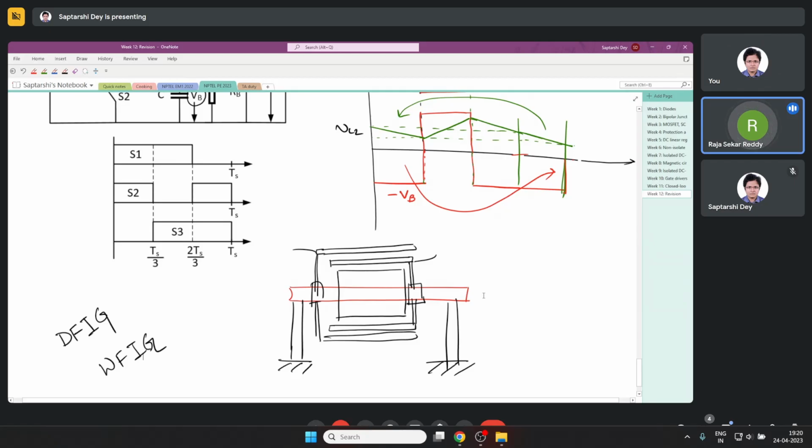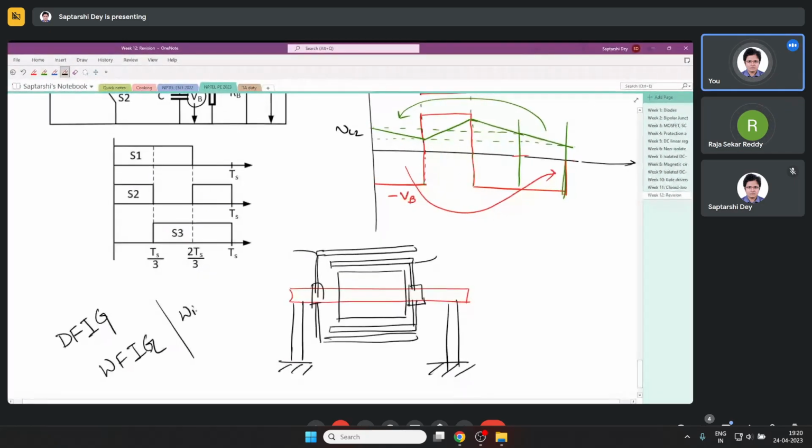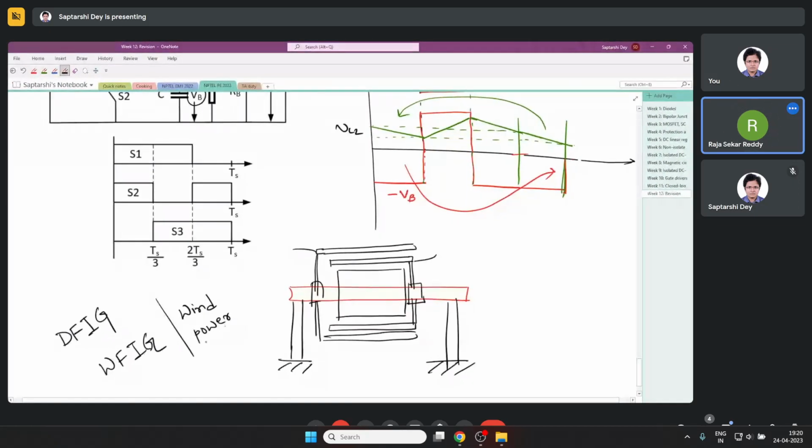Where these having applications, I told that in wind power this DFIG is very popularly used.